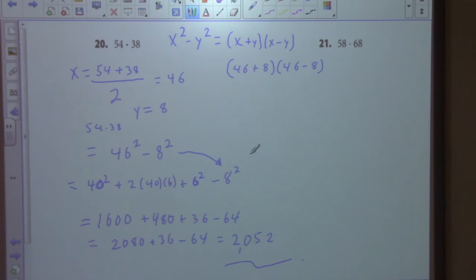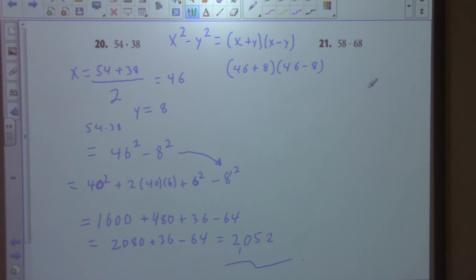How did I figure out what that was? We took the difference here. The difference between these two is 16, and half of that difference is 8. So we can rewrite 54 as 46 plus 8 and 38 as 46 minus 8. So we've engineered this to be a difference of squares so as to be able to use this identity and solve the problem. Okay, thank you.